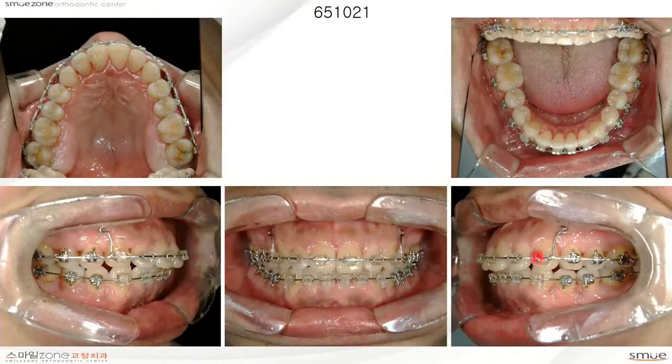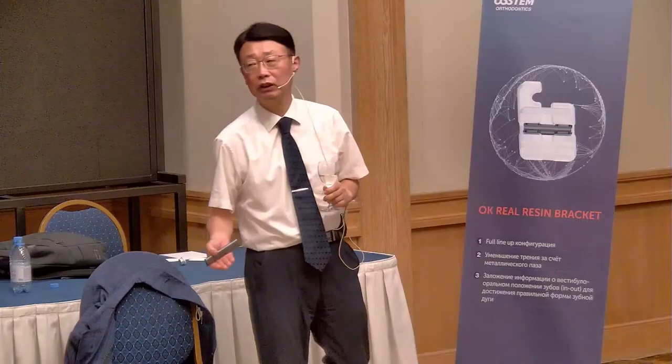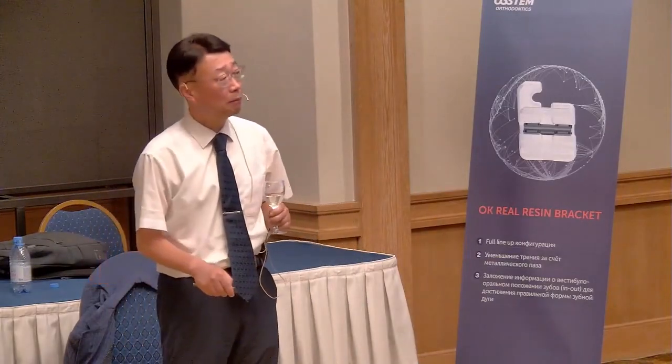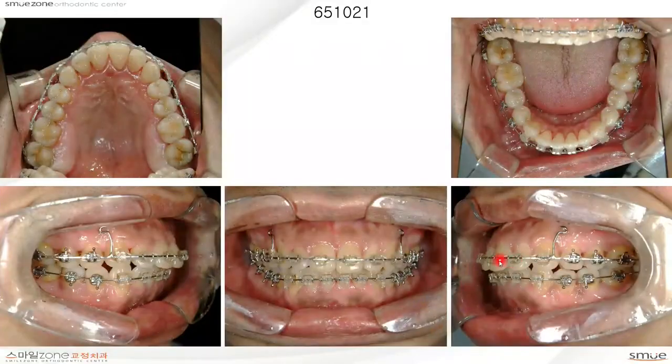After leveling and alignment, you can use class 2 elastics, but class 2 elastics work reciprocally. But all the situation is depending on you. You have to decide whether to move the upper or lower.